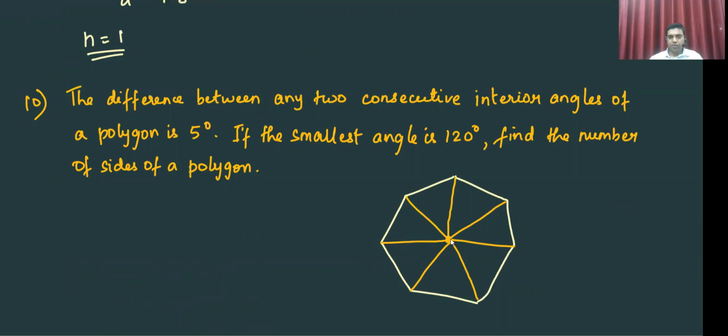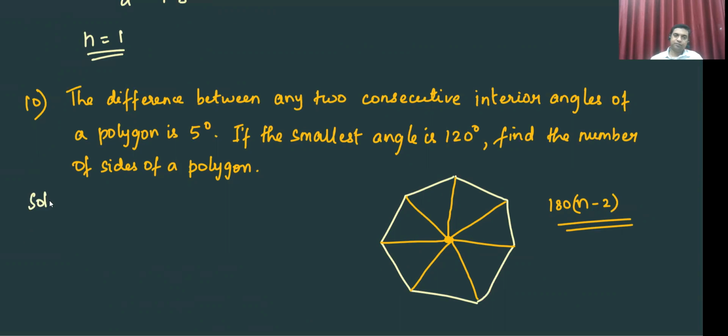Can you think of doing this problem? Give me ideas. So we can equate the sum of this AP to n minus 2 into 180, because that's the total sum of the angles of a polygon. How do you know that the sum of all the angles of the polygon is 180 into n minus 2?